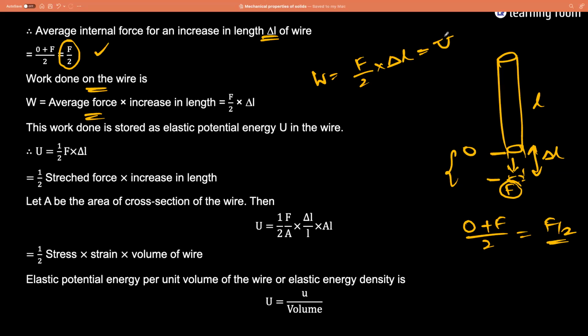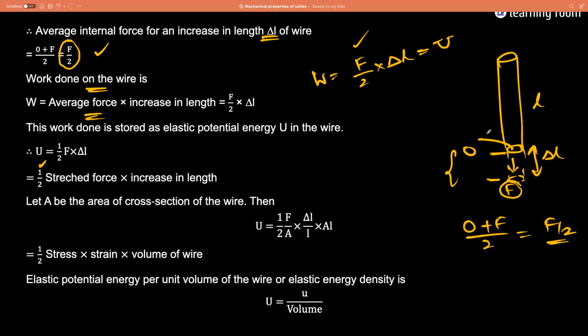This will get stored in the form of elastic potential energy. So U is equal to F by 2 into delta L. That is, half into stretching force into increase in length, or average force into increase in length.